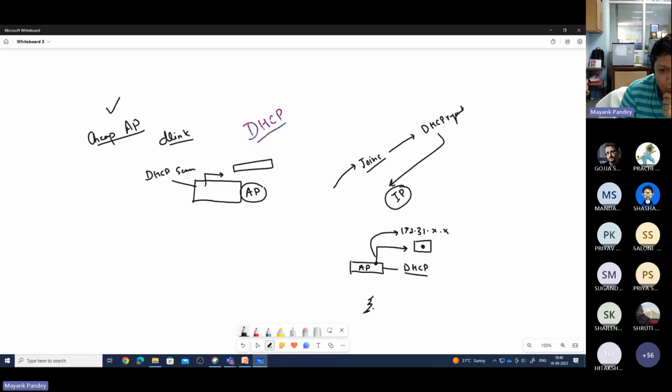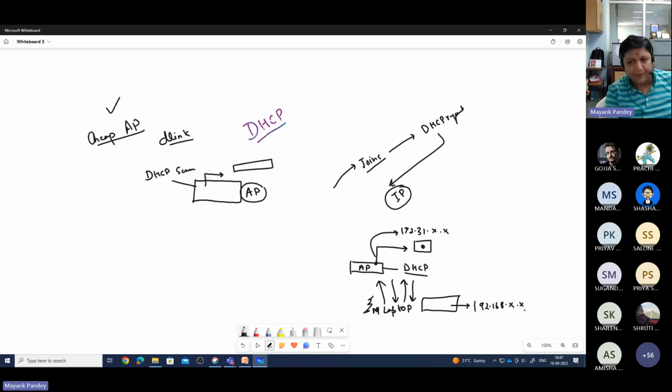Now, when you connect your mobile phone or your laptop, you run a DHCP request, you get an offer, you confirm that, acknowledge, and then you get an IP address. And that IP address, if you have seen, you get 192.168.x.x. Am I right? The whole configuration is okay?